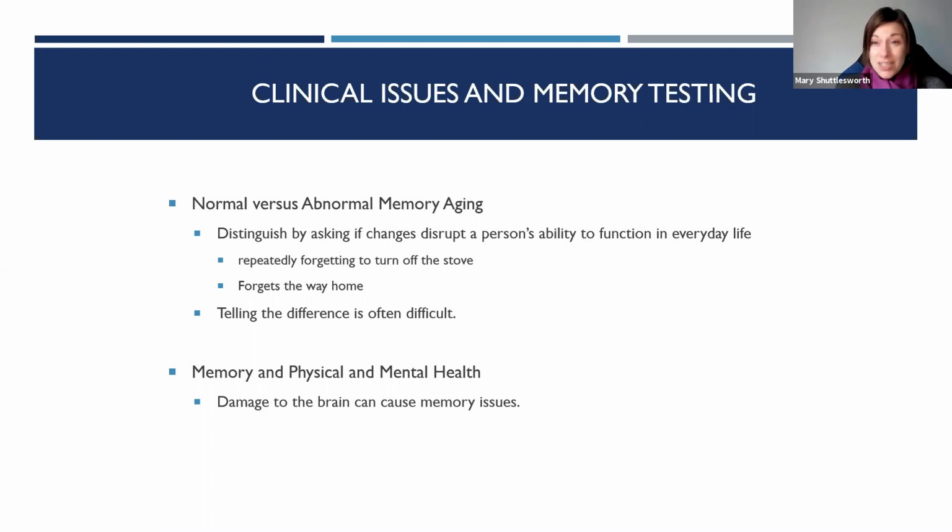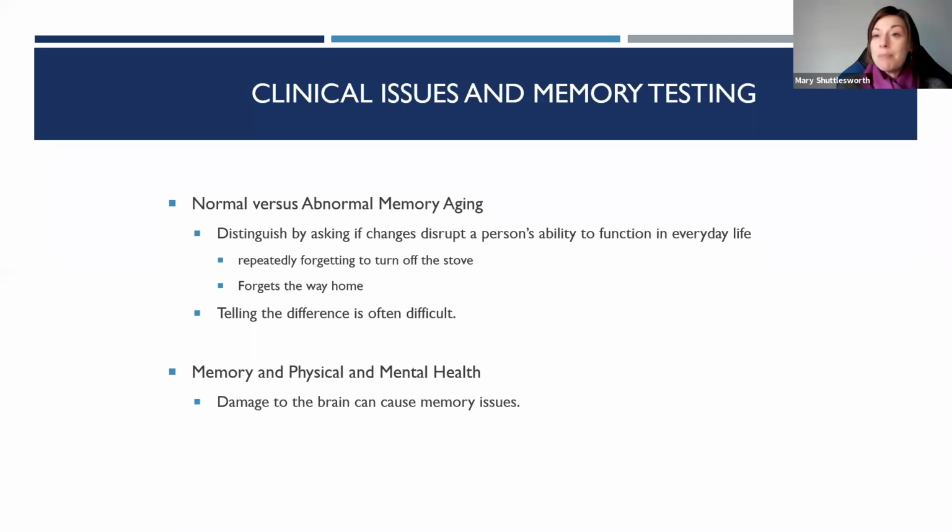However, this is a challenge, right? It's oftentimes very, very difficult to tell the difference between what is normal age-related forgetting and what is not. One thing to note here that I'll just reiterate is that changes related to dementia involve structural changes in the brain.